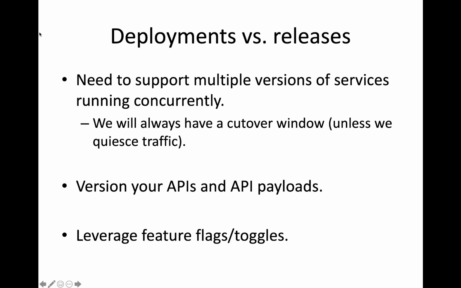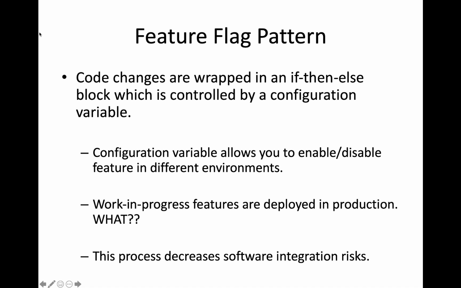It requires us to version our APIs and even the payloads of our APIs. And we can also leverage a pattern called feature flags or feature toggles in our software application. And feature flags will allow us to decouple our deployments from our releases.